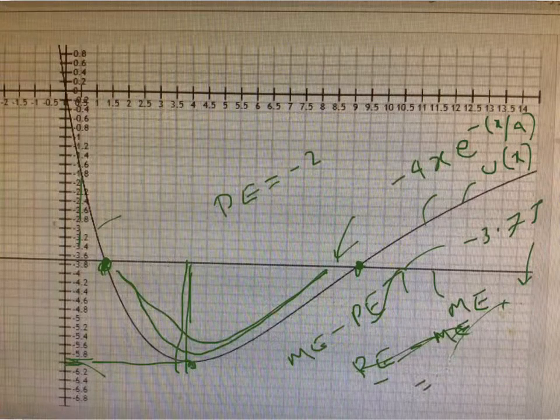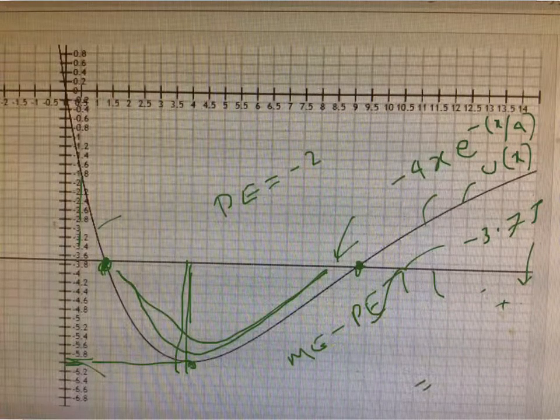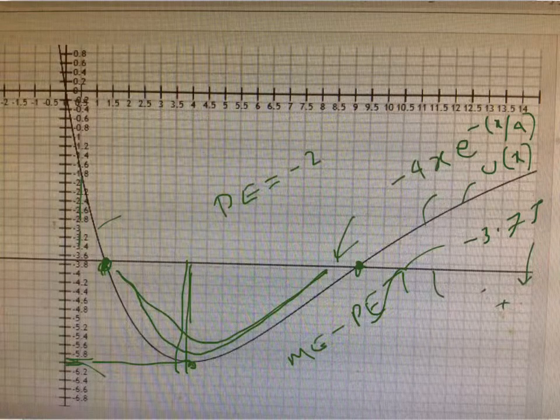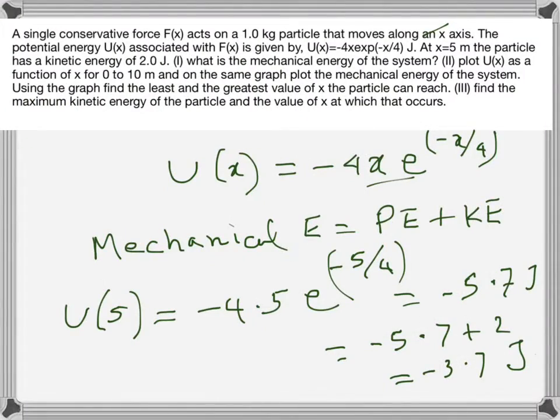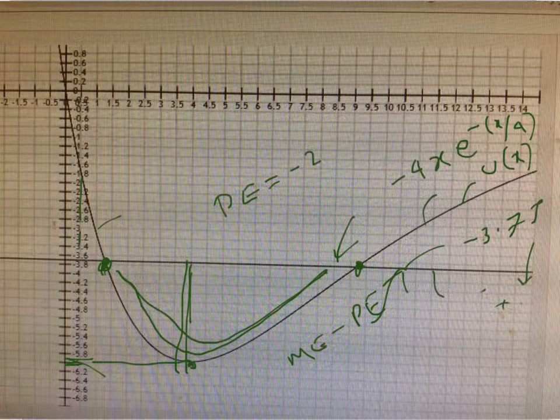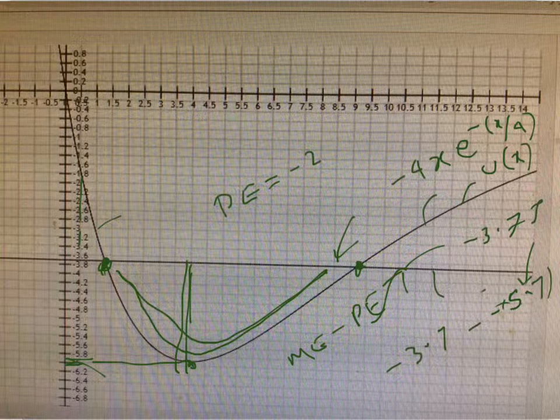So basically, of course, mechanical energy is potential energy plus kinetic energy, so kinetic energy will be mechanical energy minus potential energy. And that is what happened earlier at x equal to 5: minus 3.7 minus minus 5.7, which gave us 2 joules. Earlier when I made the mistake, it was this minus that, which would give a negative kinetic energy, which is not possible.